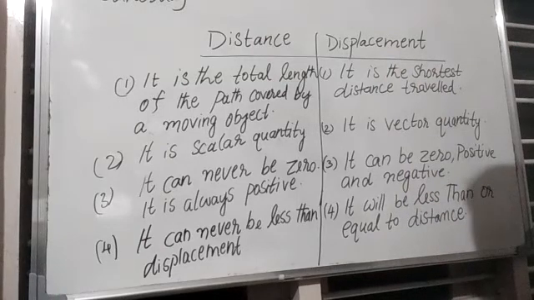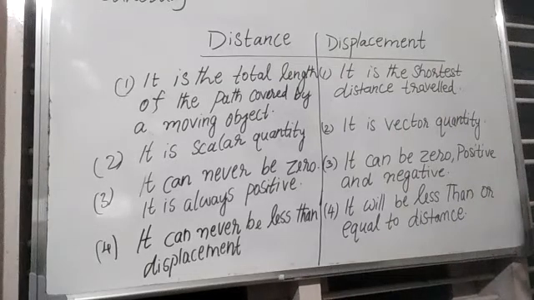When will it be equal? Just now I told you, when the object moves in a straight line path, then the distance travelled and displacement can be equal. Displacement can never be greater than distance travelled.